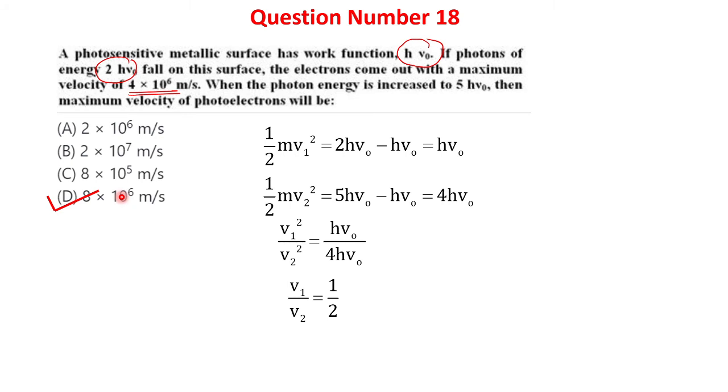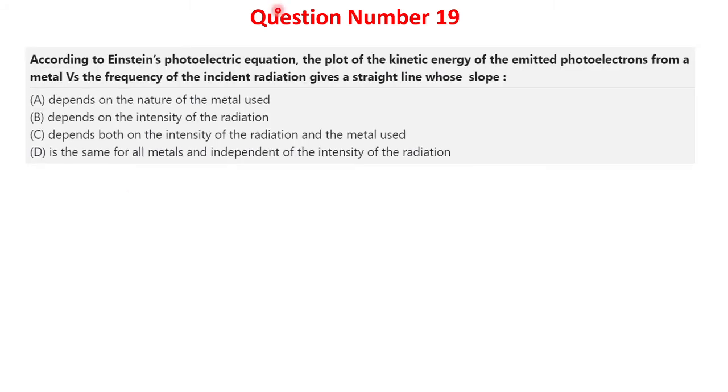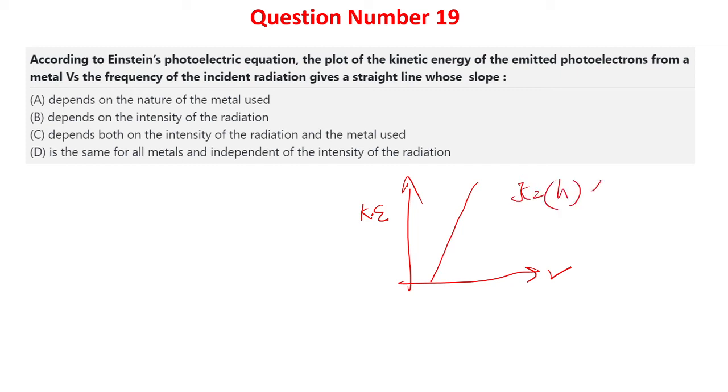Question number 19. According to Einstein's photoelectric equation, the plot of kinetic energy versus frequency. If you could recall, the graph between kinetic energy and frequency was given by the equation kinetic energy equals h, a constant, into nu minus work function.